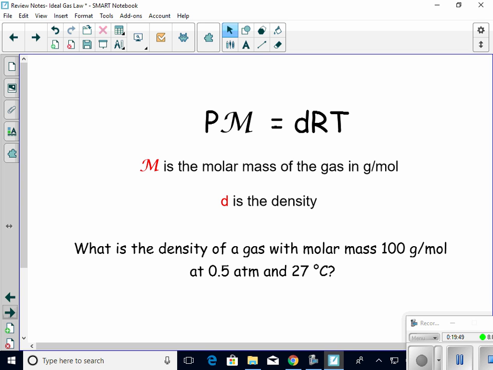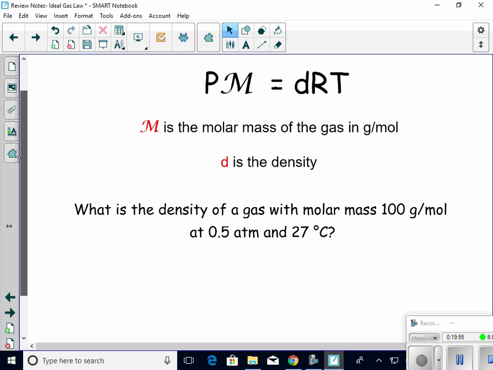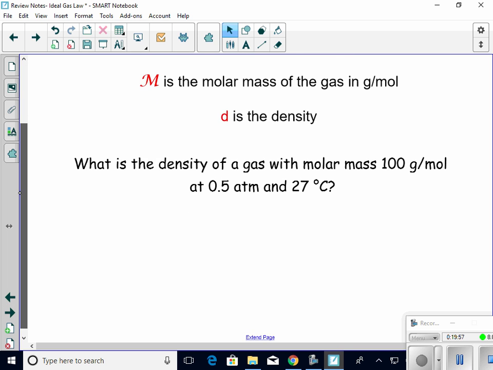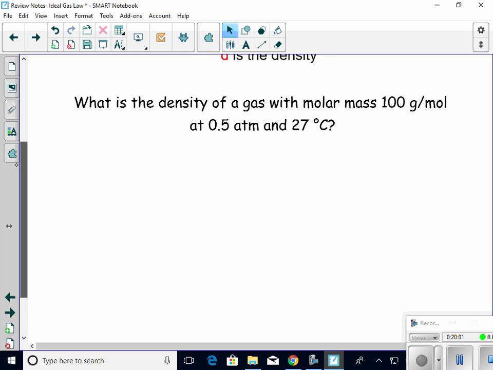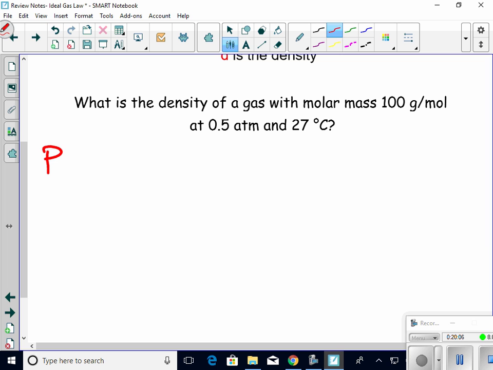So just like the other one, I've got some different things here, but it's going to be similar. I'm going to set it up the same way. I'm going to work it the same way. I'm going to go P, M, D, R, T, because I have to have 4 out of the 5 of these.